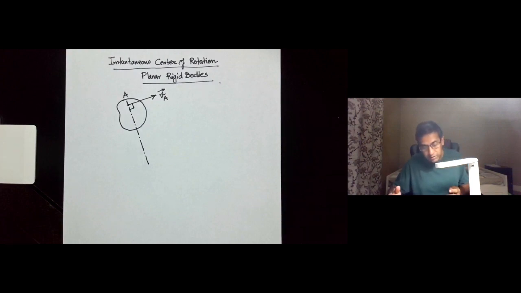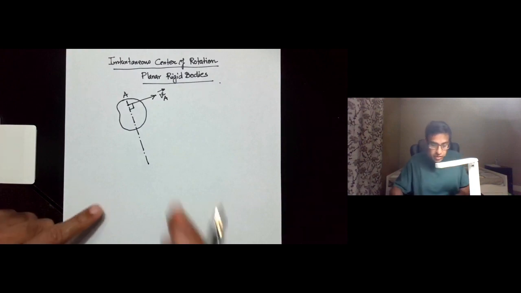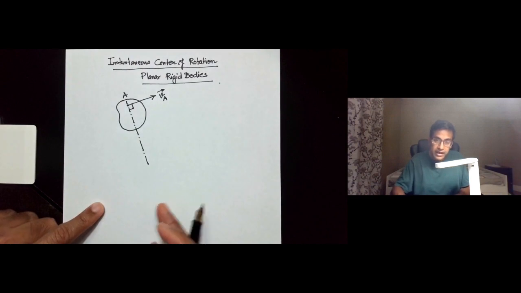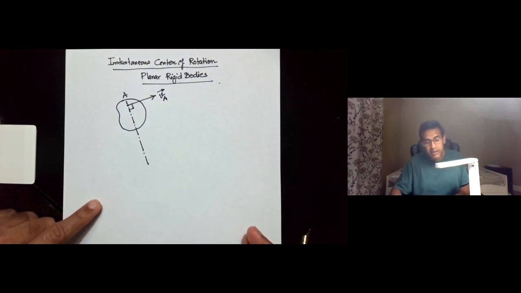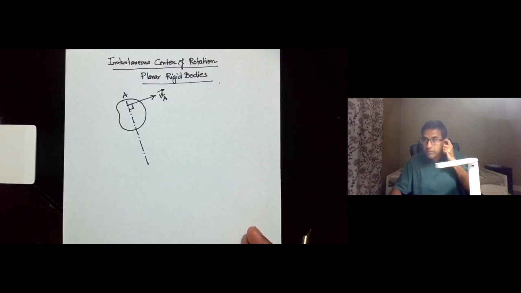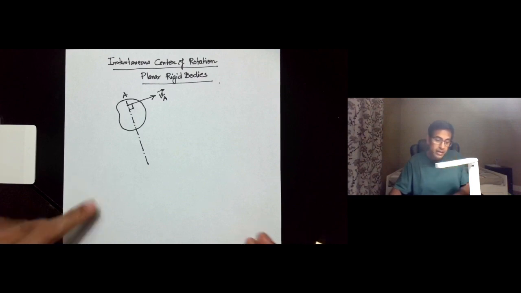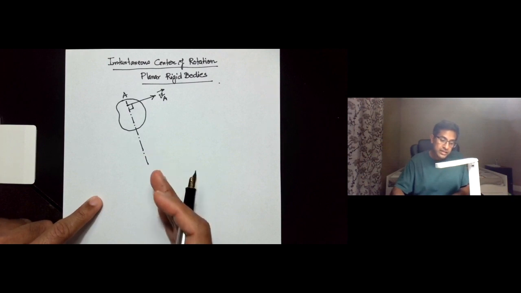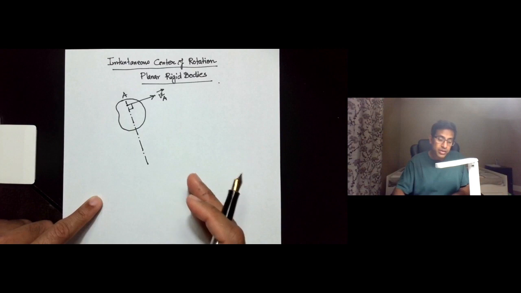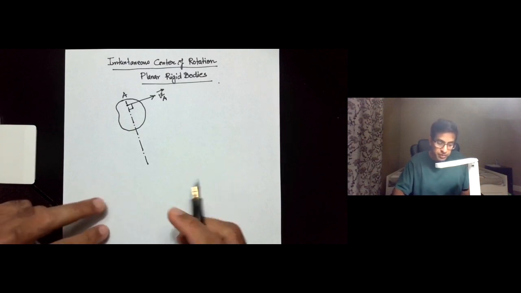Of course, if the rigid body is translating with no rotation, then the instantaneous center will lie at infinity, because the radius of curvature of the path is going to be infinite, because the orientation of one point on the rigid body with respect to another is not changing.